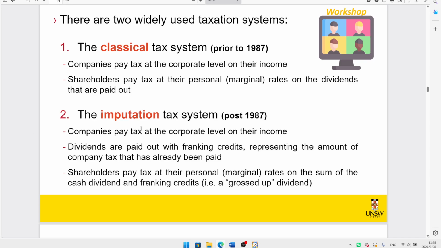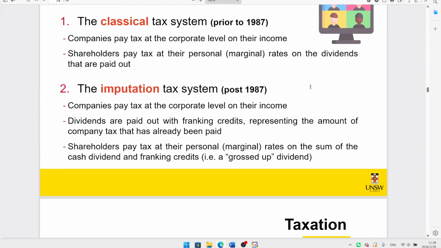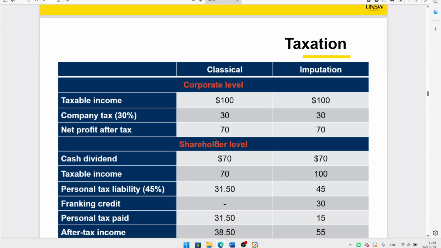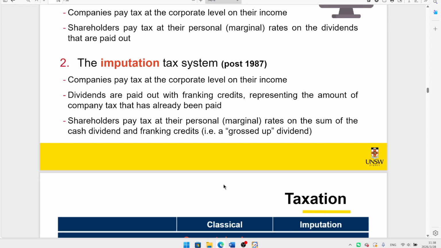In the classical system, the company pays tax at the corporate level and the shareholder pays at their personal marginal rate. The difference is that the classical tax rate is based on 45%. In the imputation system, dividends are paid out with franking, so franking credits is the keyword.